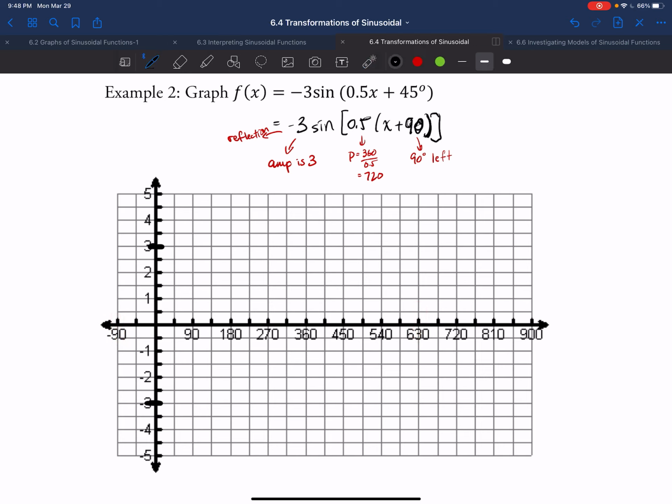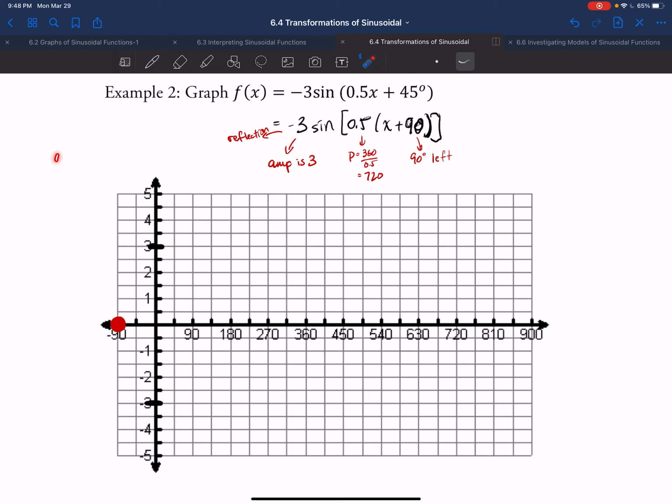Now that I've thought about all that, I know that it's sine, so it's going to start at the equation of axis. And then in the next quarter, it's going to go down because it's been reflected.